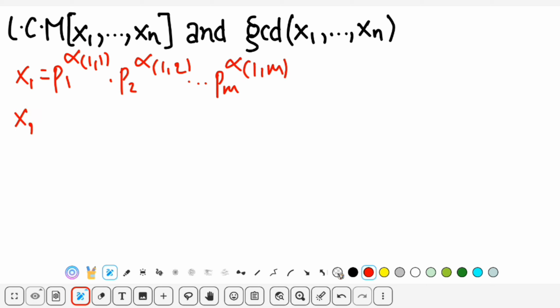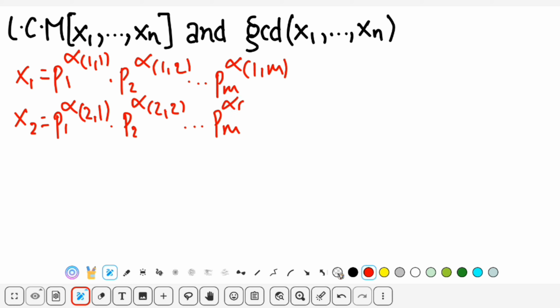For x2 you can write p1 raised to the power alpha 2 comma 1 times p2 raised to the power alpha 2 comma 2, through pm raised to the power alpha 2 comma m. Nice.